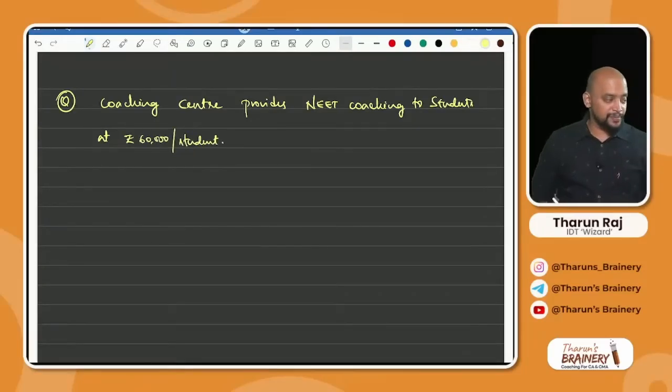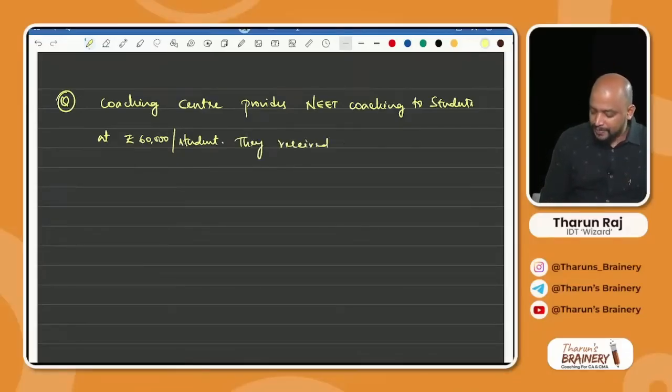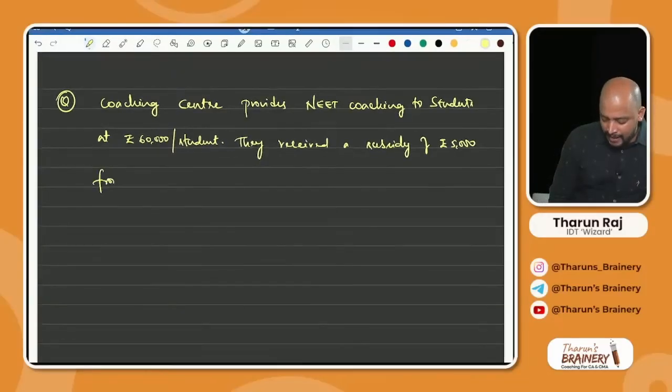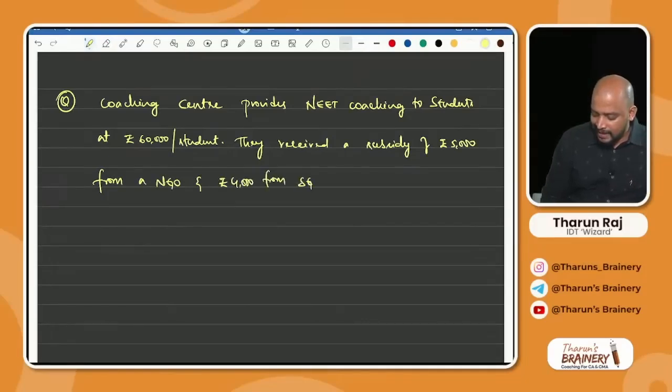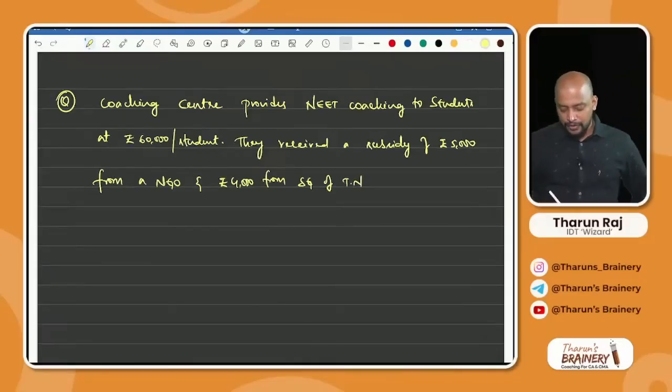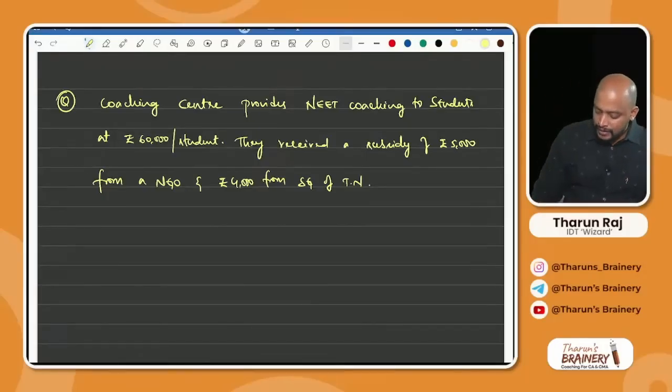At rupees 60,000 per student, they received a subsidy of rupees 5,000 from an NGO, and rupees 4,000 from the state government of Tamil Nadu. They received a subsidy of rupees 5,000 from NGO and 4,000 from state government of Tamil Nadu, per student.